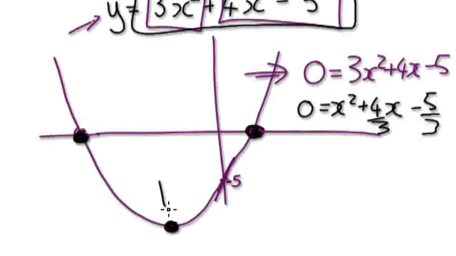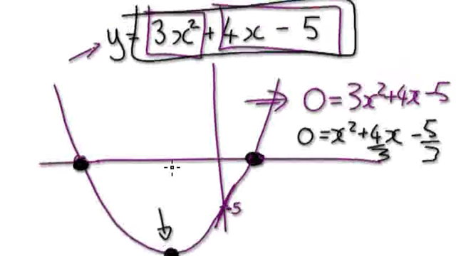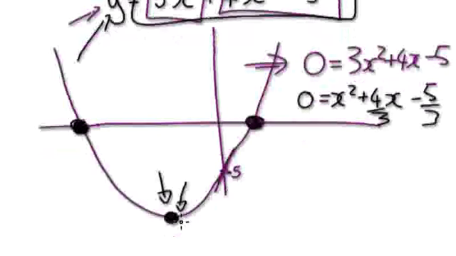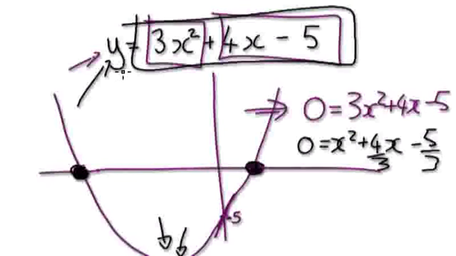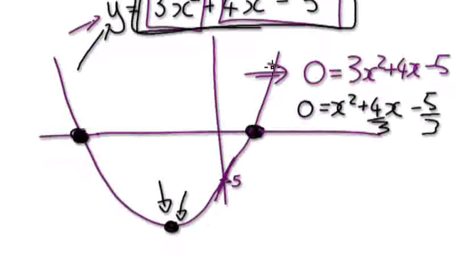When you want to find out these 2 points, you can put 0 into the y, because at these 2 points the y value will be 0. But when you want to find out this point here, the y value is not 0, so you can't simply put 0 into the y. You've got to preserve the y.